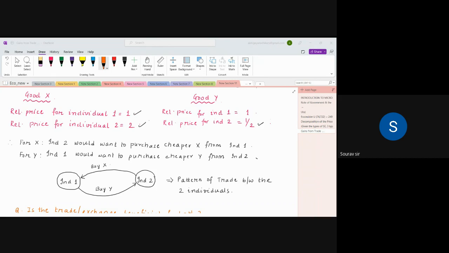Anyone? If you can understand what I just asked. If he produces himself to produce an extra unit of X, he needs to sacrifice 2 units of Y. But if he purchases the same from individual 1, how many units of Y does he need to sacrifice?